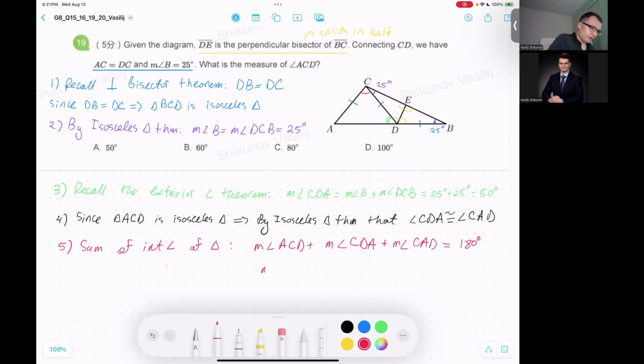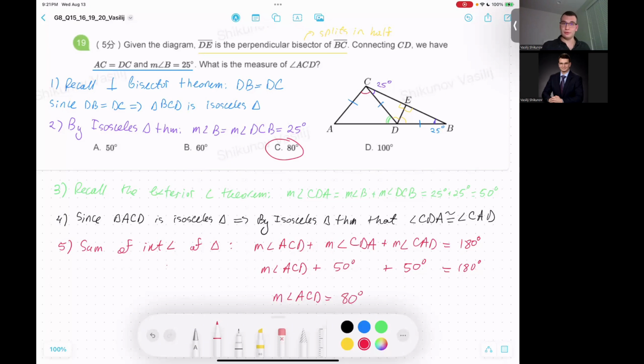So measure of angle ACD plus 50 degrees plus 50 degrees is equal to 180. So measure of angle ACD is equal to 80 degrees. So the option is C.